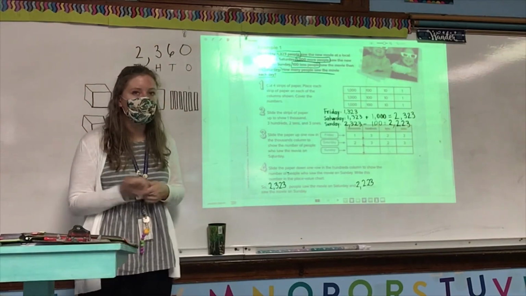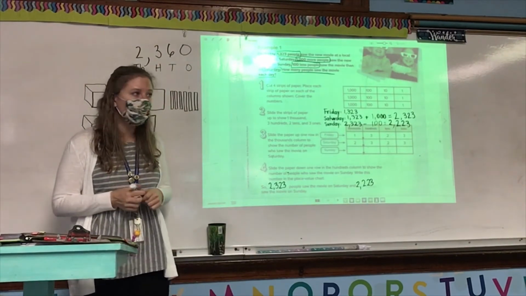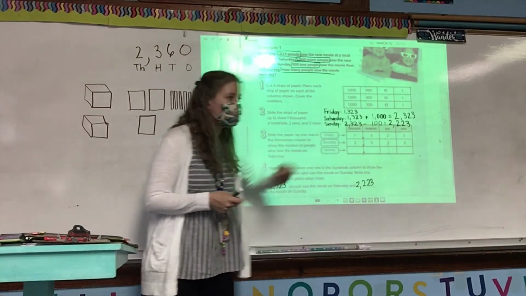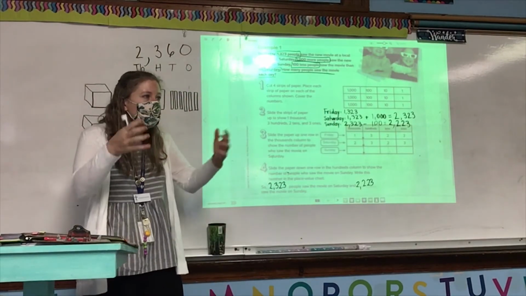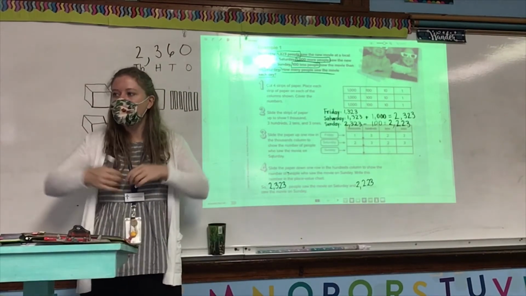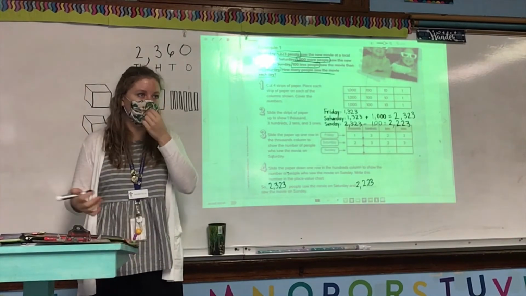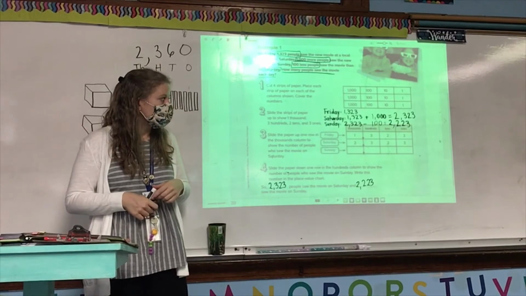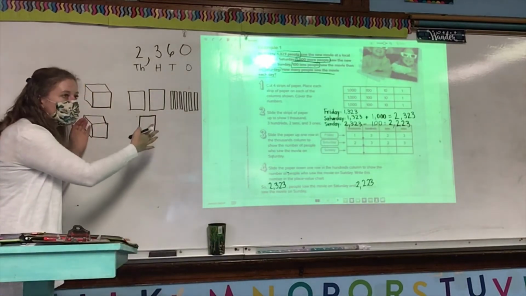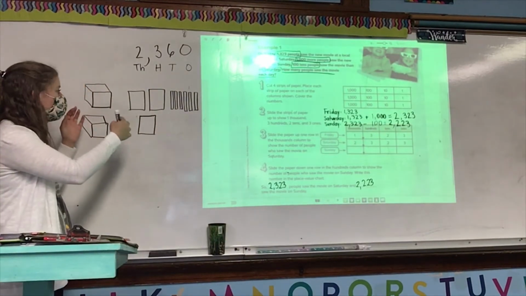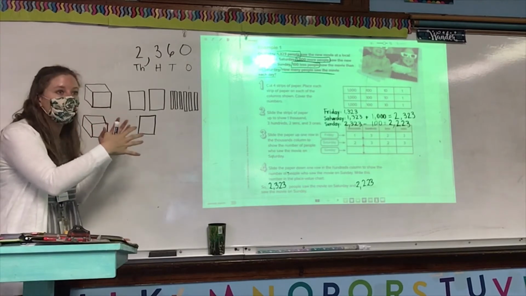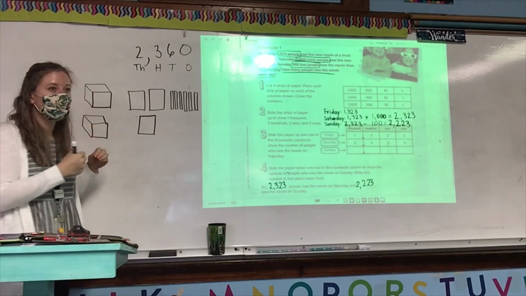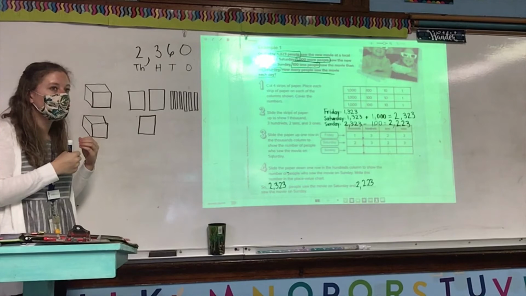So does everybody understand so far? What we're doing is going to that place and subtracting from that one place, and everything else is going to stay the same. It's like we have base 10 blocks and we're erasing 1 or adding 1 in a certain place.